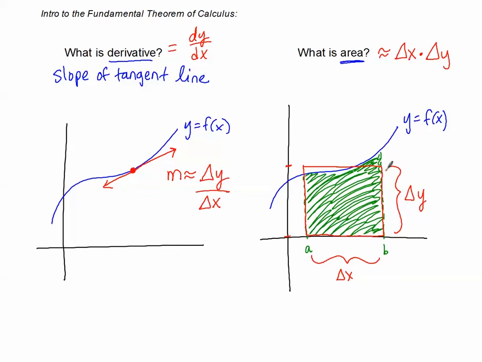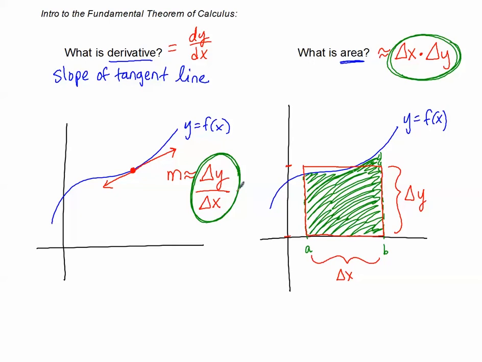So notice these two scenarios side by side. We've done a lot with derivatives, the slope of the tangent line, and it looks like dy over dx, or the change in y over the change in x, versus when we did area, which is the change in y times the change in x. Notice how they are inverse processes of each other.